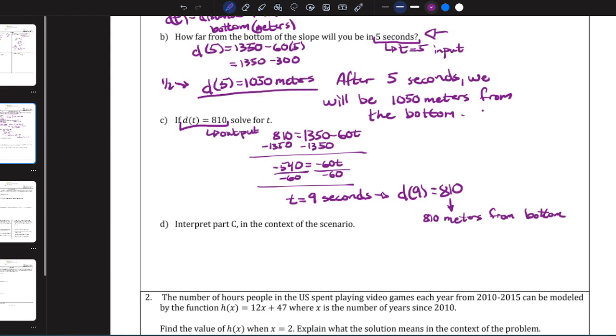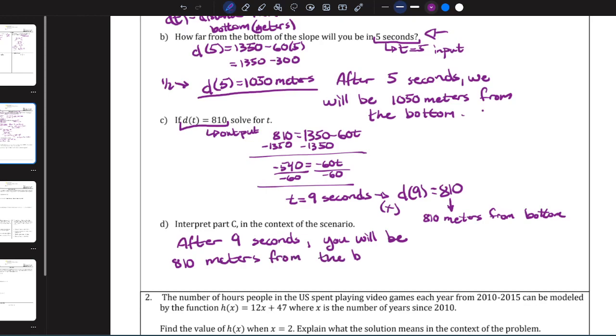And so using these two in conjunction with each other, because these are a pair of values, what we're looking at is, after 9 seconds, you will be 810 meters from the bottom.